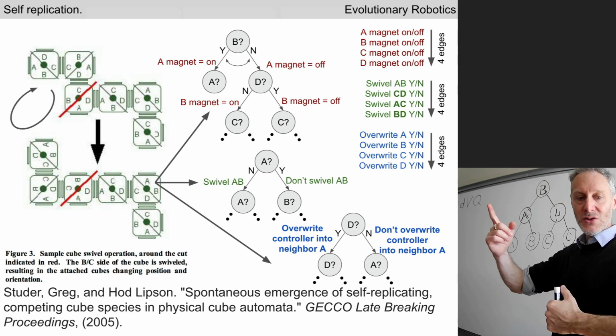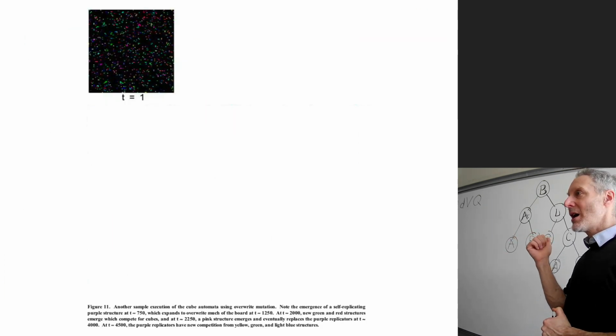Possibly. Good question. So one other detail I haven't mentioned is they're all going to get to run their own controller, but which one gets to run its controller first? So at every time step, there's a random ordering. At a given time step, this one gets to execute its brain first, then this one, then this one, then this one. At the next time step, this one gets to execute its controller first, then this one, then this one, then this one.